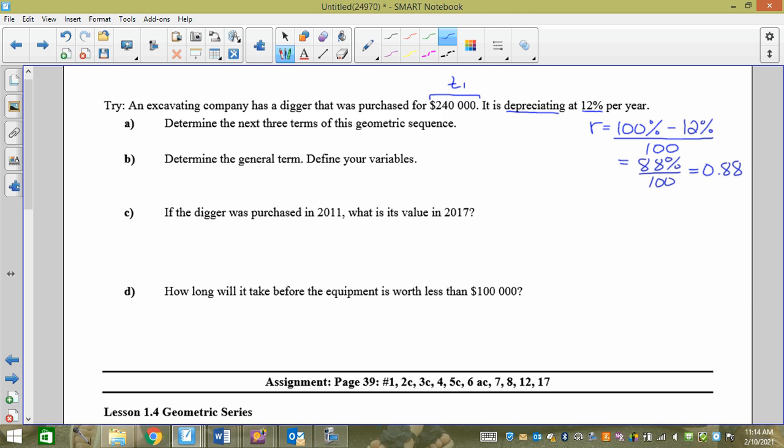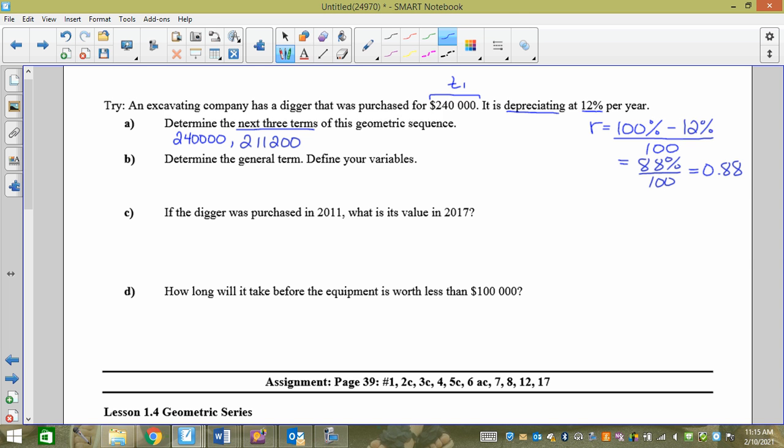So if I'm asking you for the next three terms, term 1 would be 240,000, right? Term 2 would be 240,000 times 0.88, because I just multiply by my R value, and I get 211,200. I need the next three terms, so I don't want the first three terms, I want the first four terms.